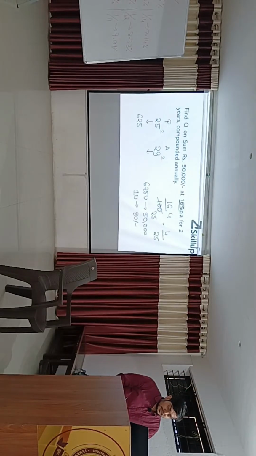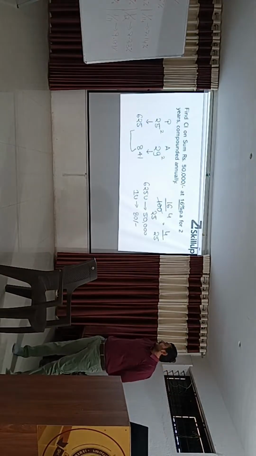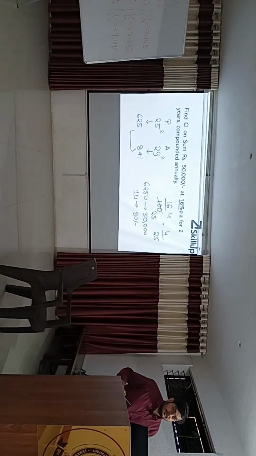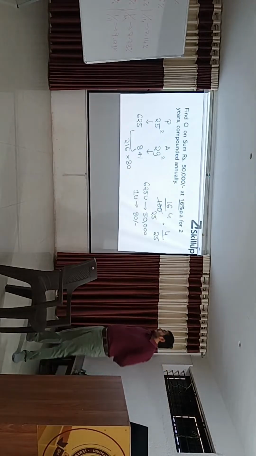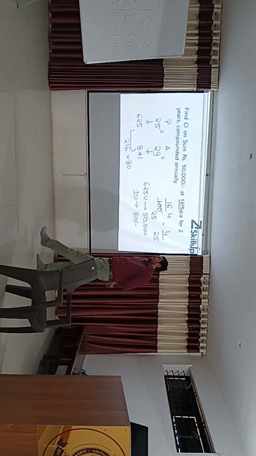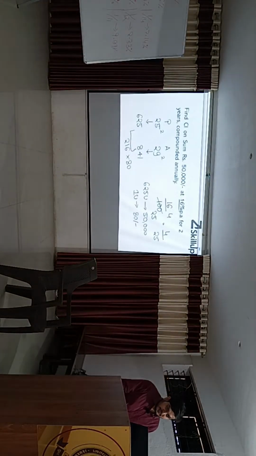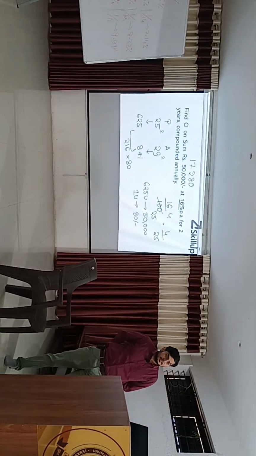The difference is 841 minus 625, that is 216. 216 into 80 is 17280. That's it.